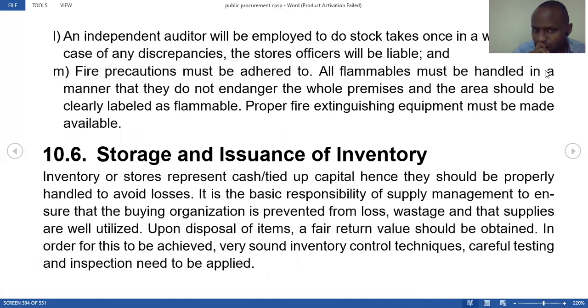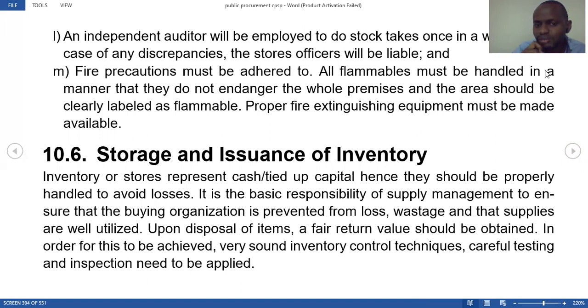Then what is the issuing procedure within the organization? Issuing, remember, is done internally in the various user departments. Once the user department fills what is called a requisition note, which is authorized by the head, the requisition is then forwarded to the store department, which will issue the items.